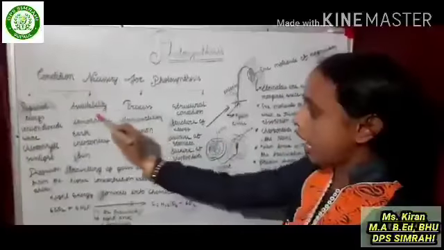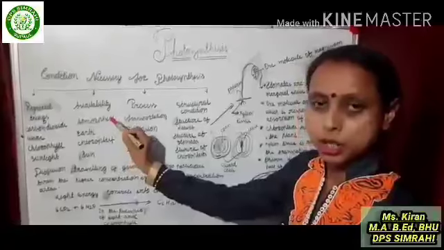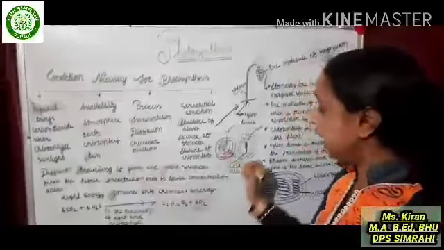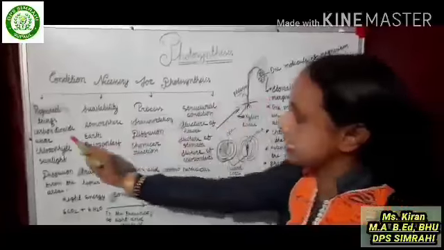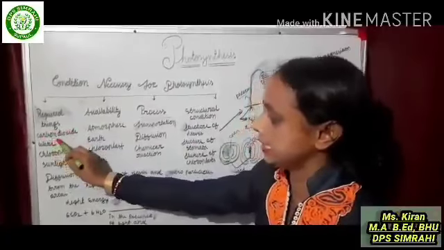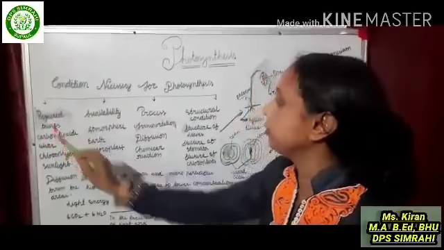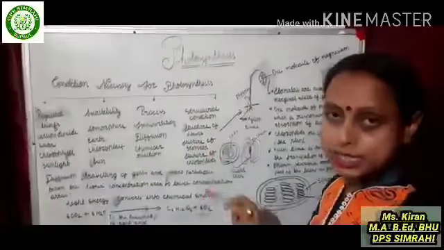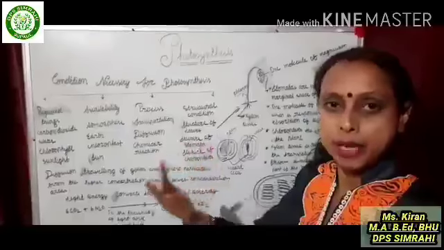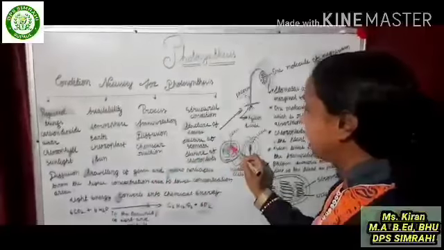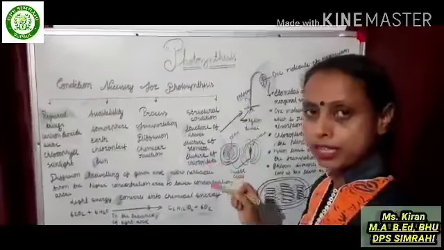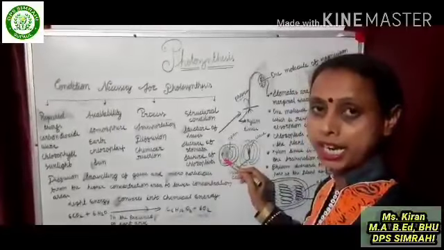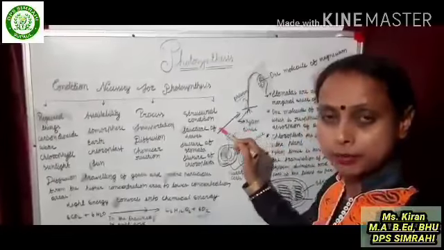You know, our atmosphere has 0.03% carbon dioxide, and carbon dioxide is a required thing for photosynthesis. Whenever the plant's requirement develops, the level of carbon dioxide is lower in the stomata and higher in the atmosphere.